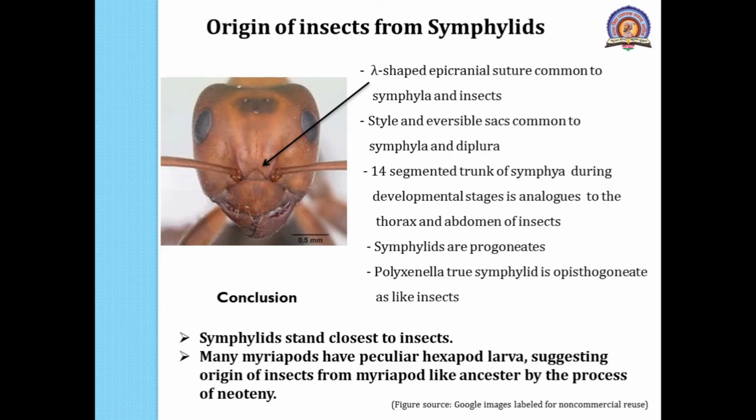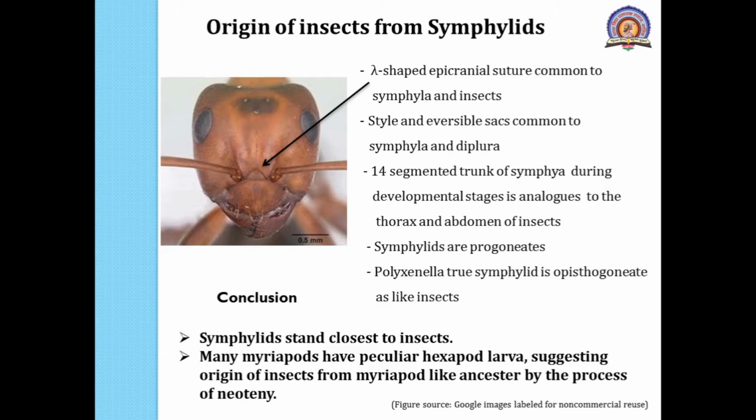That is, neoteny is the process where young ones show sexual precocity. So by this hypothesis, it is believed that the larval stages of some myriapods, by the process of neoteny, become insects.